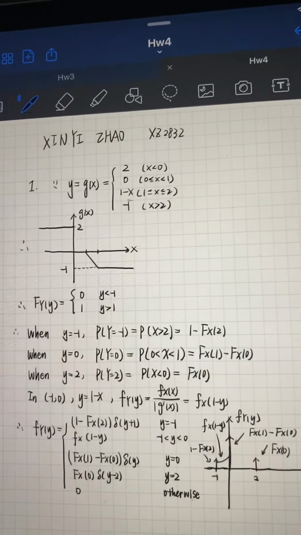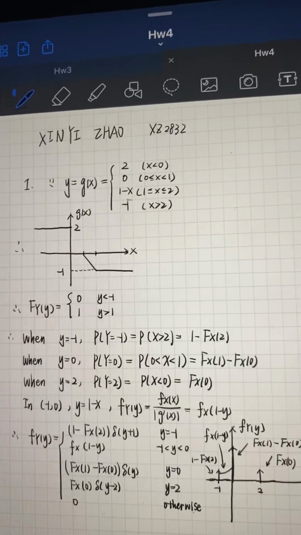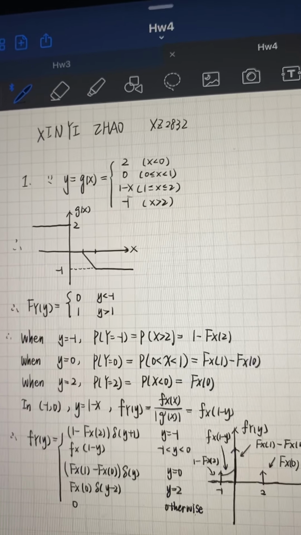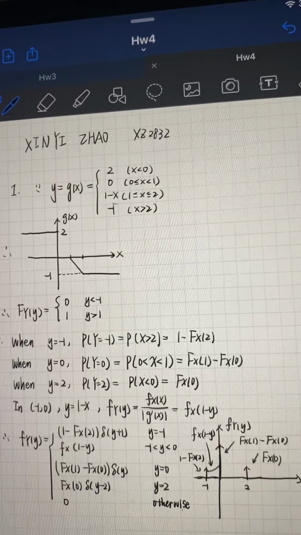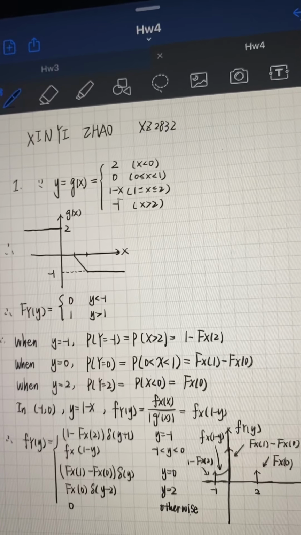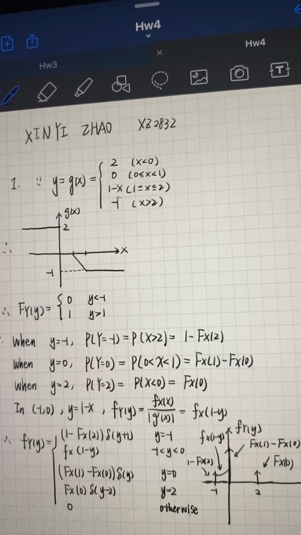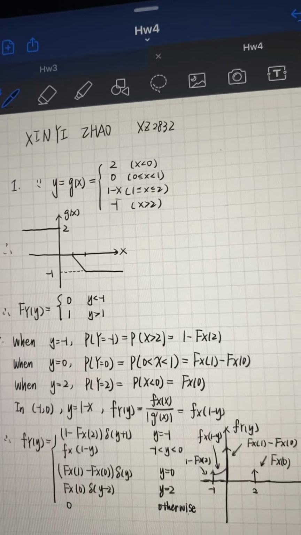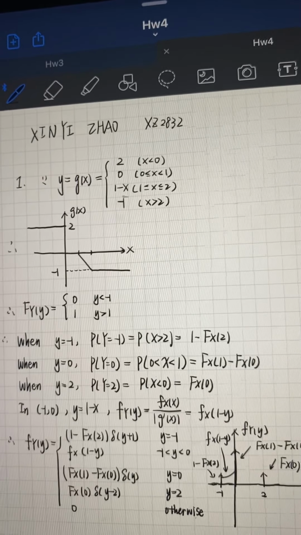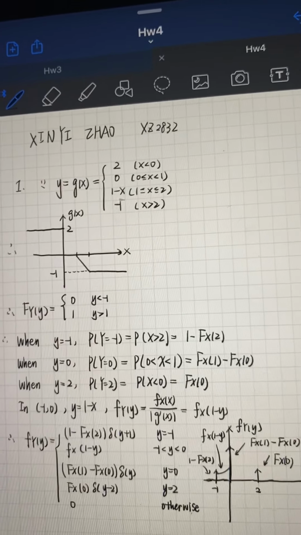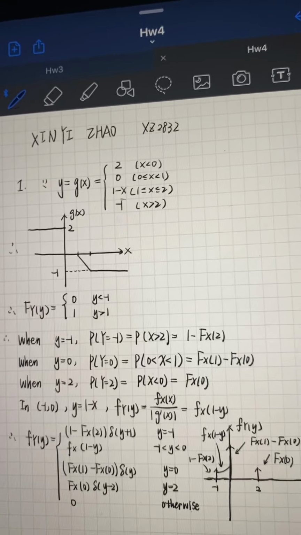Thus, upper fy equals 0 when y is smaller than negative 1 and equals 1 when y is larger than 1. So for y between negative 1 and positive 1, we can get these three situations.